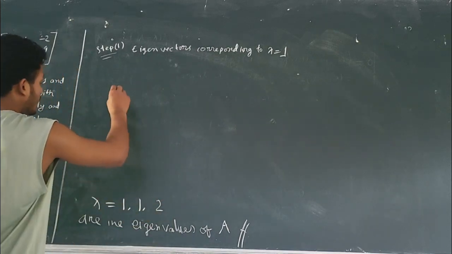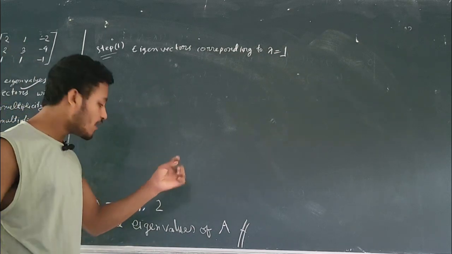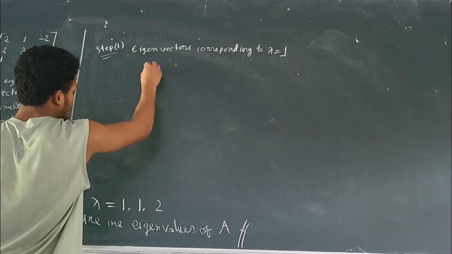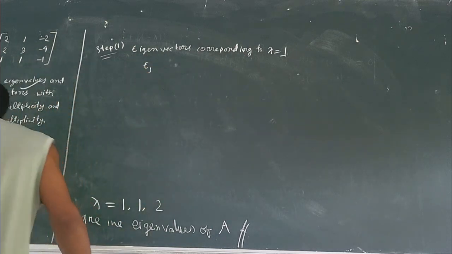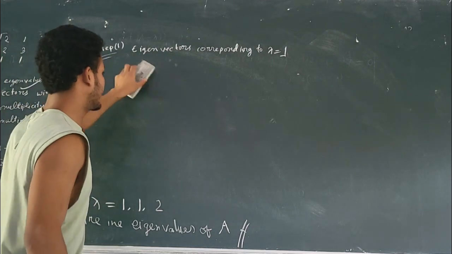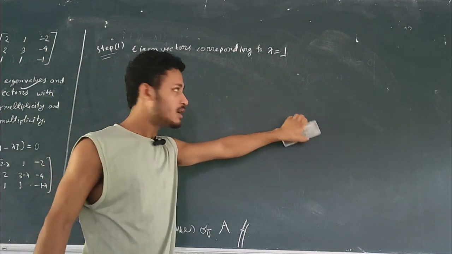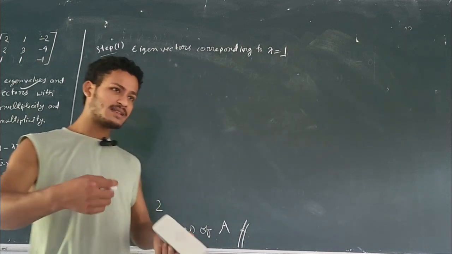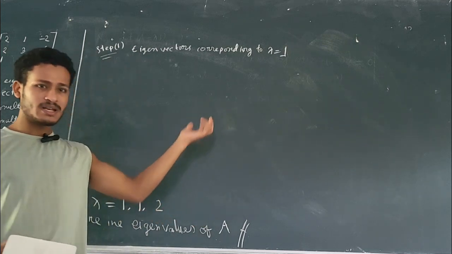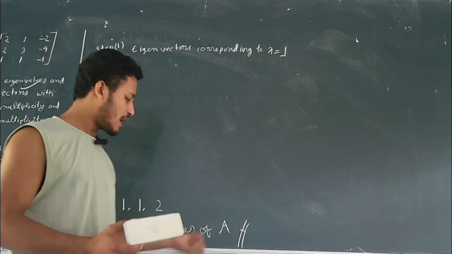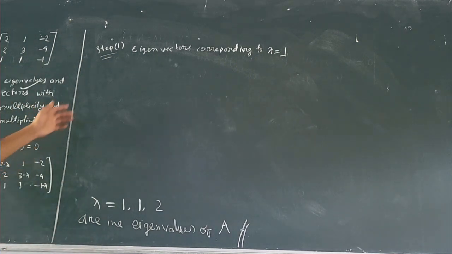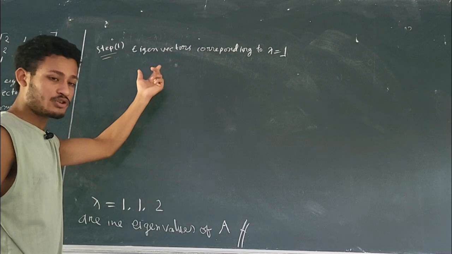The name will be lambda 1. For lambda is equal to 1, the eigenspace will be lambda 1. In going to eigenvectors, we will find the eigenspace. You can find eigenvectors also, but I will find the eigenspace, and from that eigenspace, I will write the eigenvectors. So that means we are going to find the eigenspace.